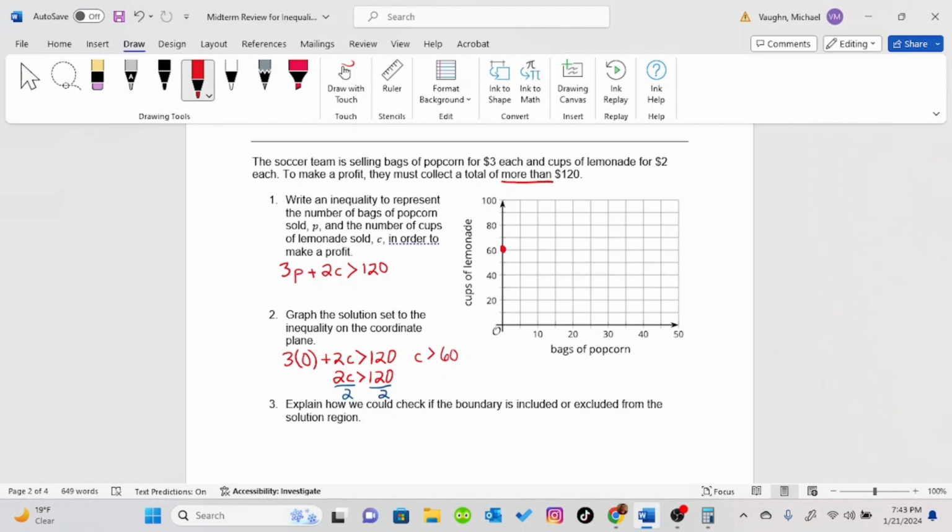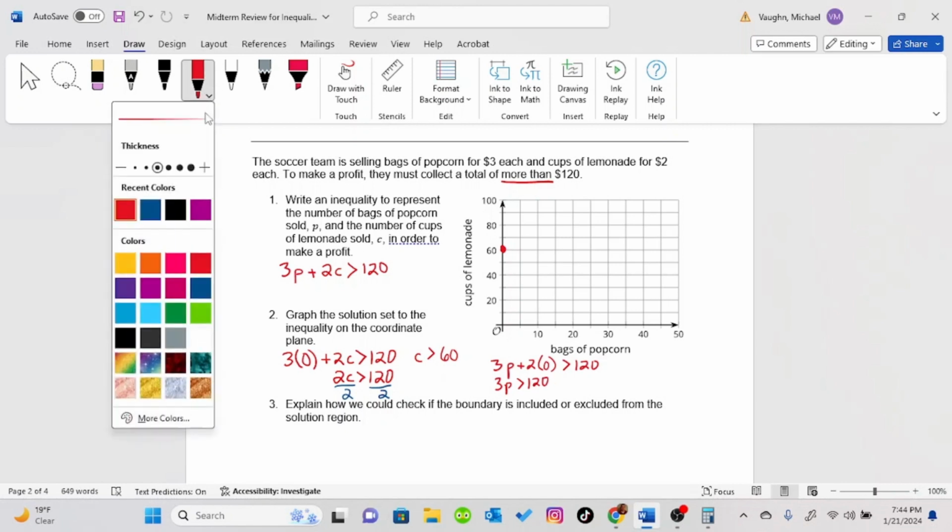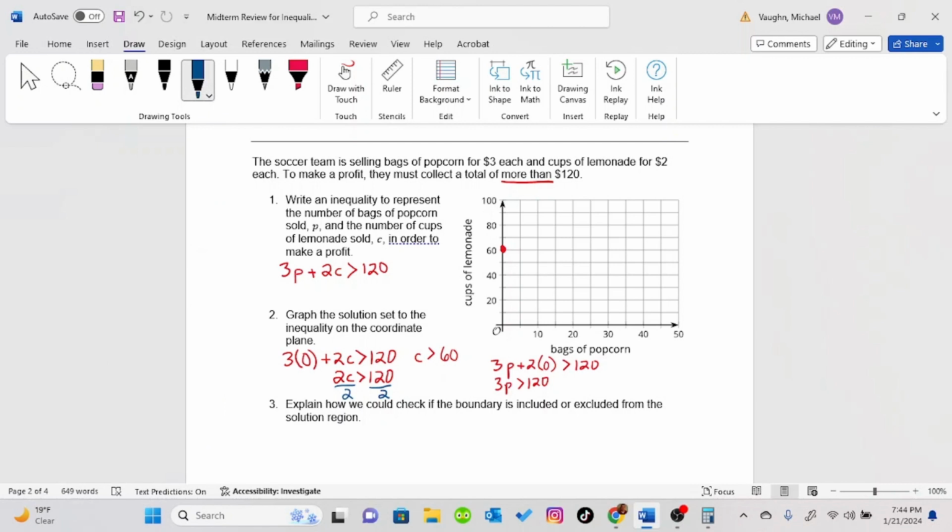Now I'm going to say, what if I sold no lemonade? 3p plus 2 times 0 cups of lemonade must be greater than 120. 2 times 0 is 0. So 3p must be greater than 120. 3p is multiplication, so the opposite is division.